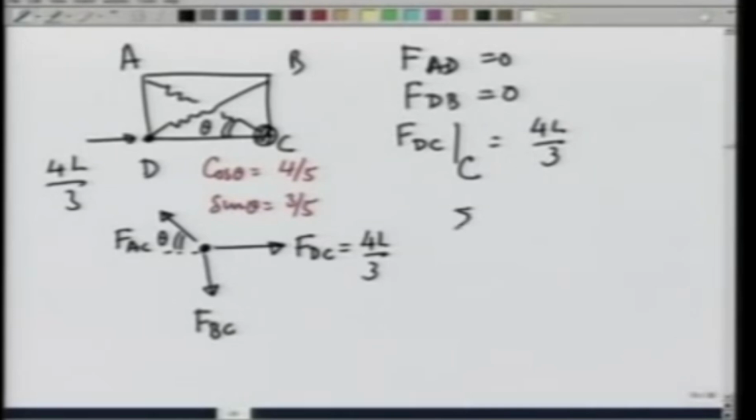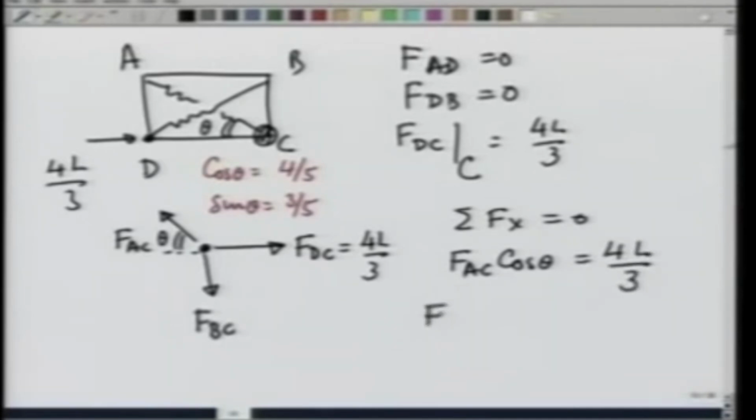So, summation Fx equal to 0 on point C gives me F_AC cosine theta equals 4L by 3. So, F_AC is equal to 4L by 3 divided by cosine theta.